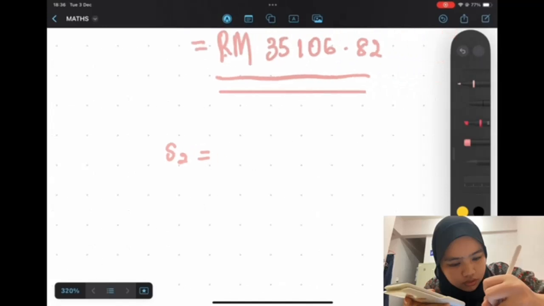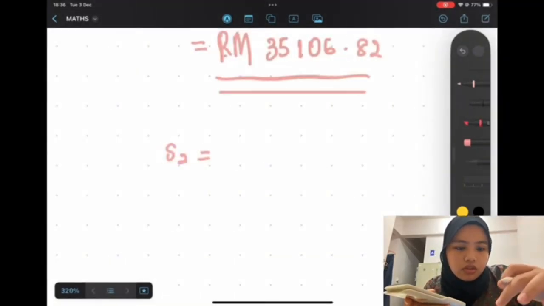For the next 4 years, we're going to use the same formula as well.